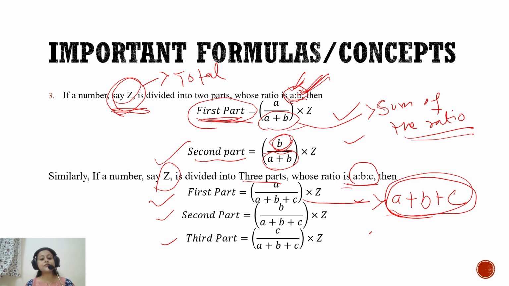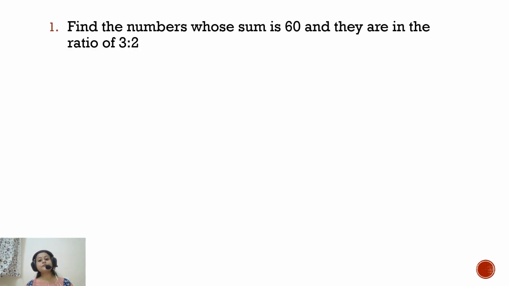So let us see how we can apply this using an actual numerical problem. I feel that if we solve this, you will get a clearer picture about these formulas, right? Here the sum of two numbers, the total, is given, and the ratio in which these two numbers will be divided is also given.